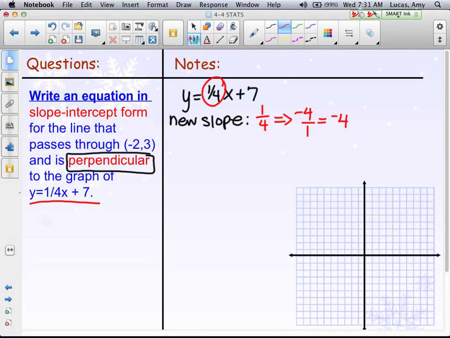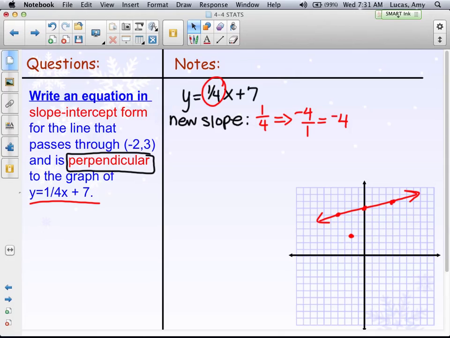The original one starts at 7, and the slope is 1/4, so up 1 over 4. So here's my original line, and my new line is supposed to go through (-2, 3).